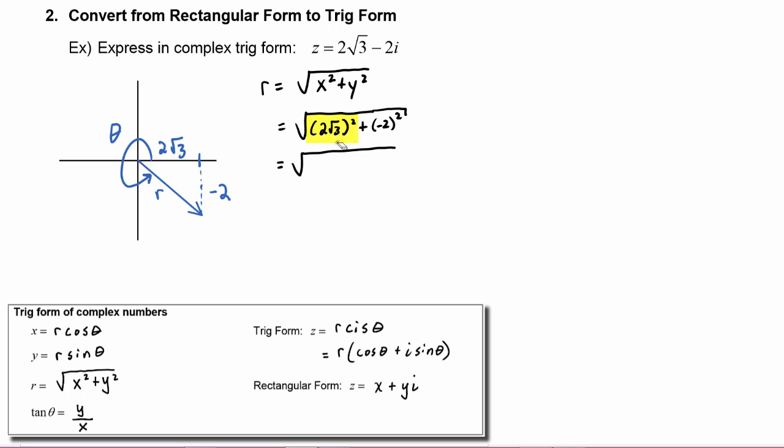We know that 2 radical 3 squared becomes 4 times 3, which is 12, plus negative 2 squared is 4. This is the square root of 16, which is 4. So we know r is 4.